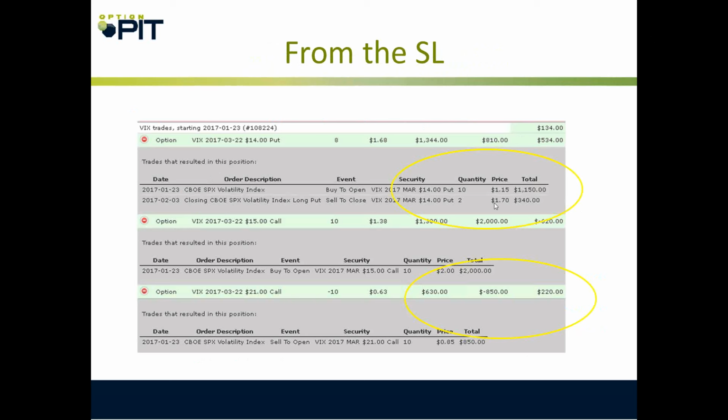Even though the VIX didn't move, look at how much the March 14 put moved from $1.70 to $1.15. Net, right? And we bought call spreads against it. Again, we'll talk about that today, but we paid $1.15 for the call spread. We paid $1.15 for the put. And at the time, my posit for you was that by the end of the class, you'll understand why I wanted to do this trade.